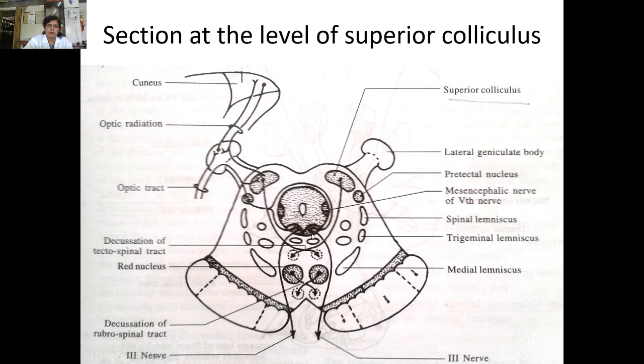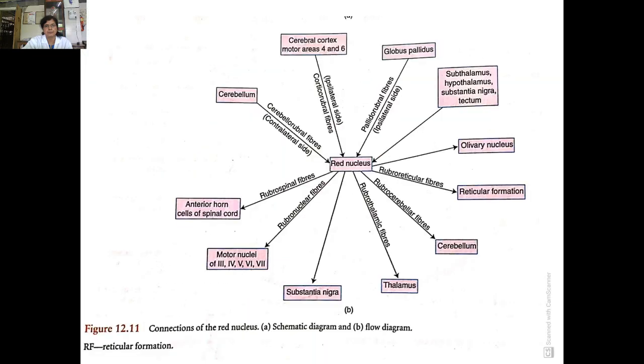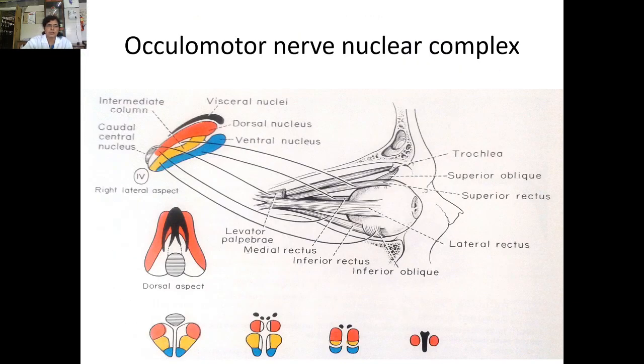This oculomotor nerve nucleus consists of many subnuclei. So in this diagram you can see the oculomotor nerve nuclear complex. There are many subnuclei. On the dorsal aspect there is the visceral nucleus, and that is the Edinger-Westphal nucleus.